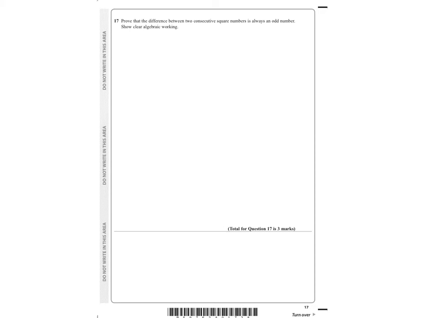Okay, question 17. Prove that the difference between two consecutive square numbers is always an odd number. Now, I always like to start with the first number, even, which is 2n. The next consecutive number is plus 1. And it says the difference of them squared, so I'm going to square them and then find the difference.